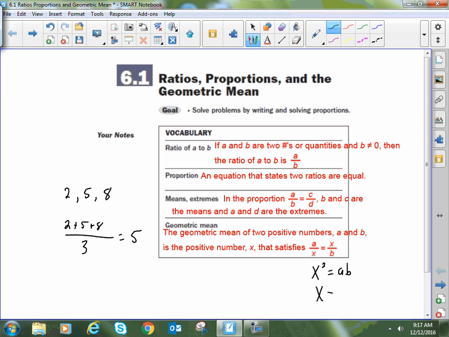So we're going to say x, the geometric mean, is equal to the square root of a times b. Now that's going to change a little bit depending on how many values you're actually taking the product of. And I'll explain that in a little bit further detail later on in the lesson. But for now, pretty much geometric mean is really going to be for you guys just that little bit right there.